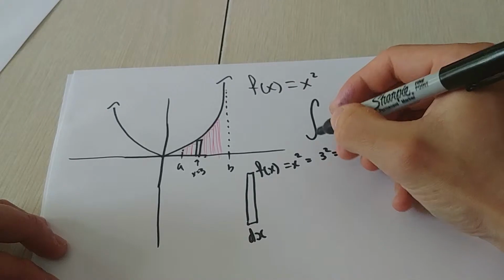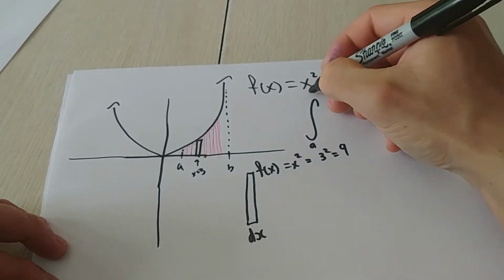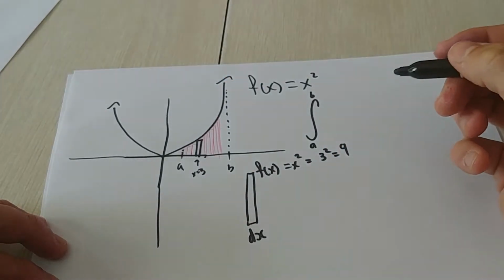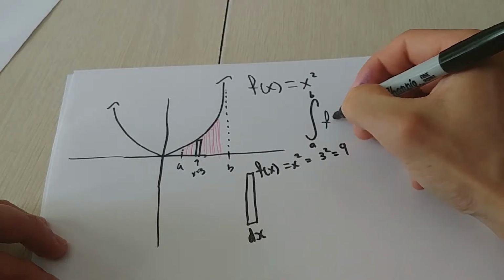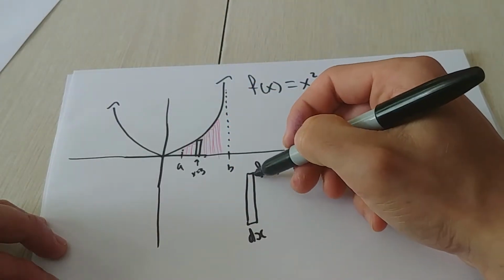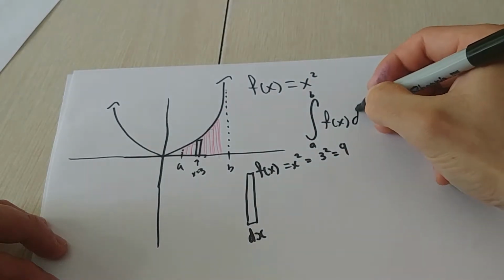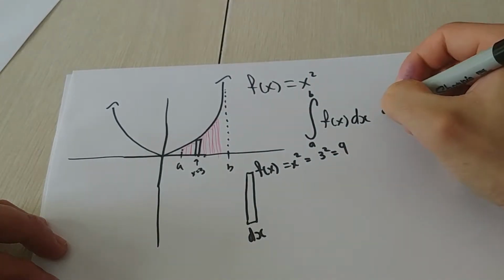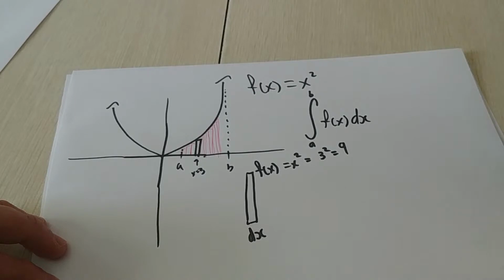And it looks like, so we integrate from a to b, left to right, of the function, the height of the rectangle multiplied by the width of the rectangle, and we integrate that. Now let's have a real case.